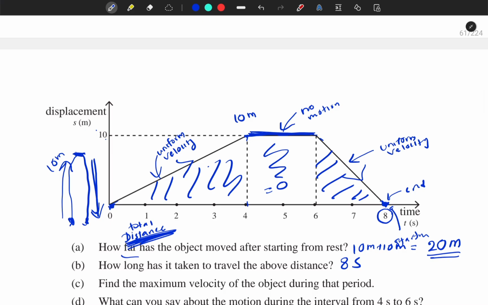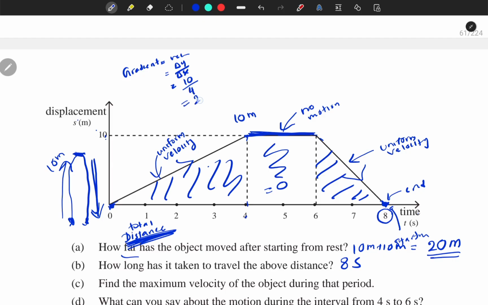You know in a displacement time graph the gradient is the velocity, right? So gradient equals velocity, and gradient equals y difference over x difference. So what comes as the y difference? 10 minus 0, and for the x difference 4 minus 0 is 4.